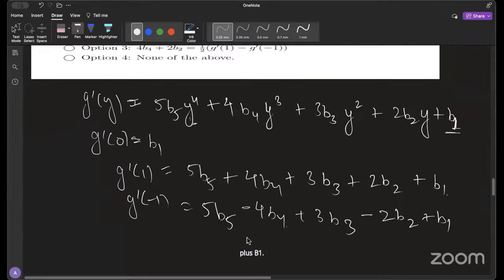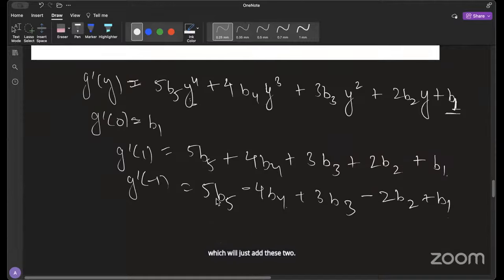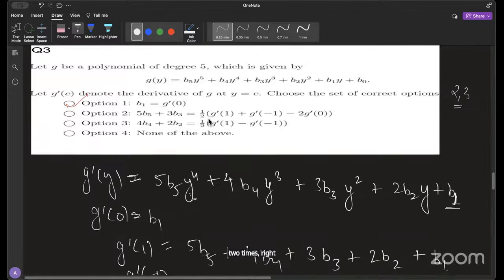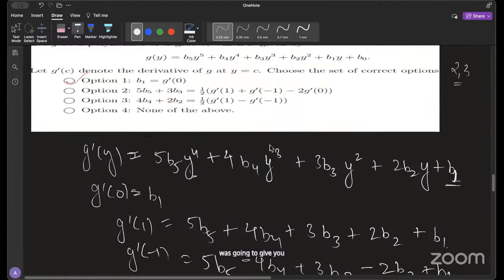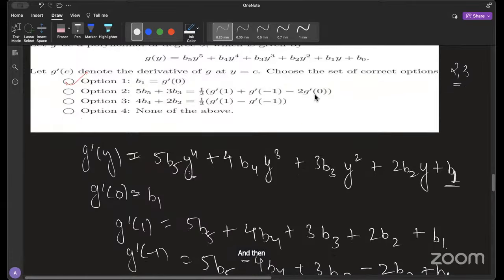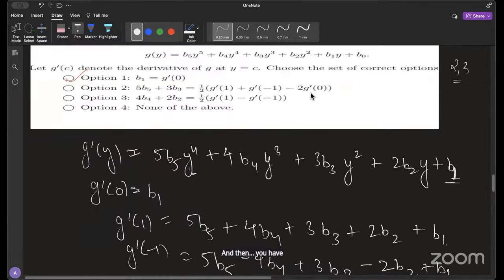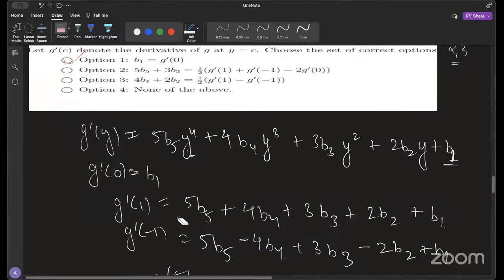If you just add these two, we'll be left with 2 times 5b5, 3b3, and b1. 2 times, right? But you have a half here, so 2 times this, and then a half here. So it's going to give you this only. And then you have minus 2 times g dash 0. Let me just write it properly.